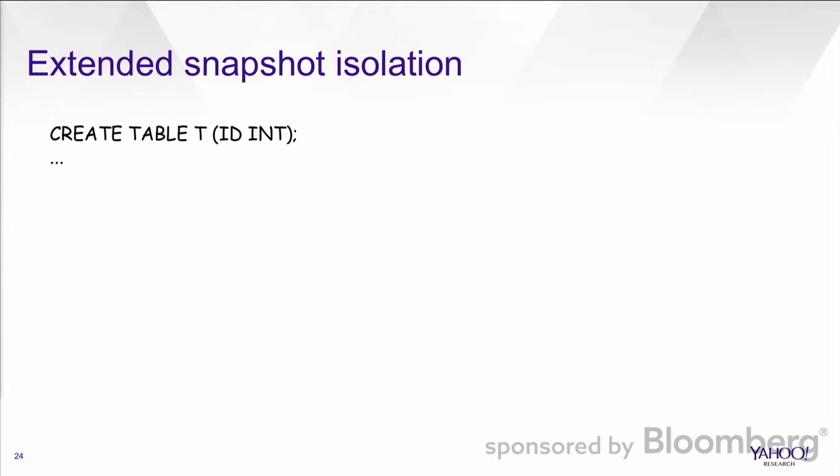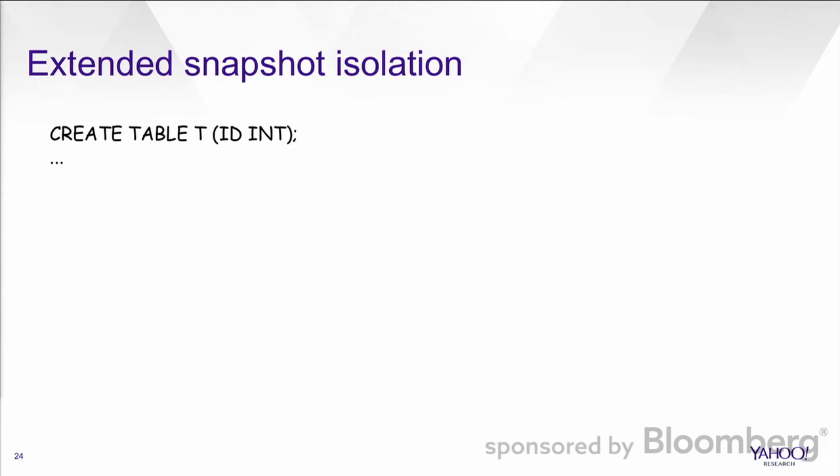Another problem that we have is that the snapshot isolation definition is that the transaction reads its own writes. If a transaction ran and wrote, and it reads the same key, then it should see what it wrote. That's the definition.